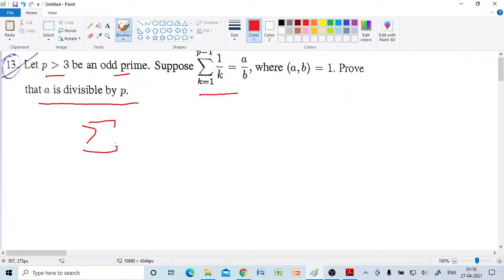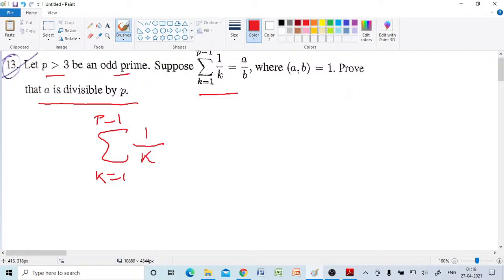So we have the summation from k equals 1 to p minus 1 of 1 over k.